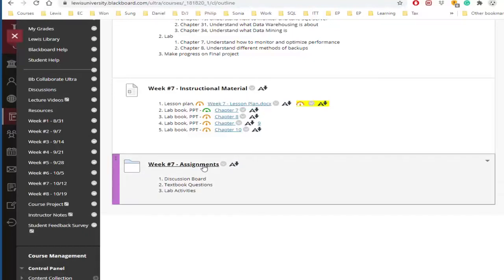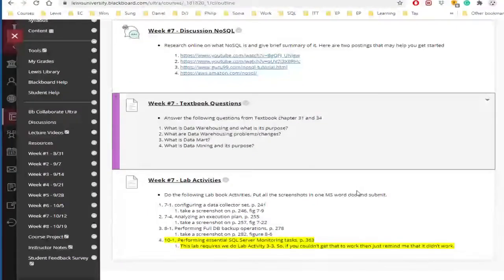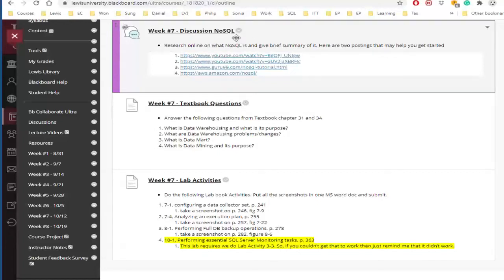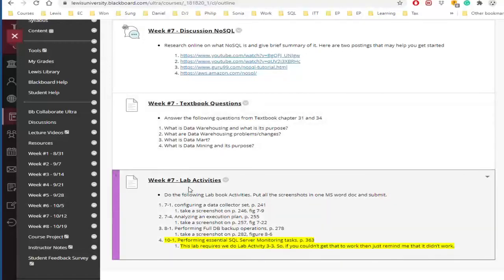In terms of the assignments, there are some assigned for you this week. There's a discussion question about NoSQL, which I'll mention a little bit more. There's a couple of textbook questions, and then the last set of lab activity questions or assignments.